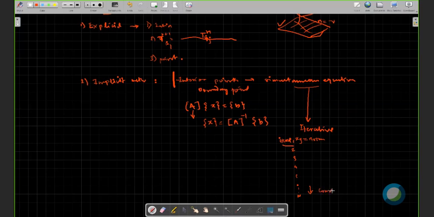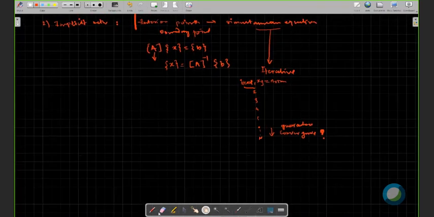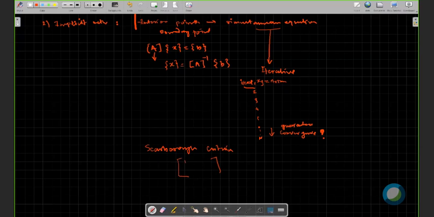The guarantee of this convergence is to be checked. To guarantee this, there is a certain thing which is the Scarborough criteria.